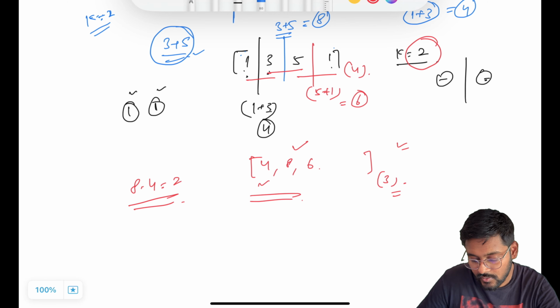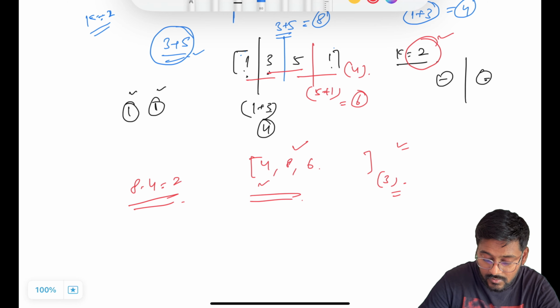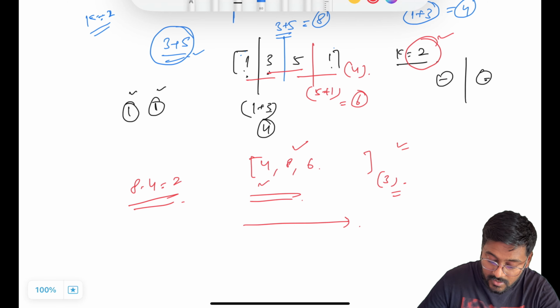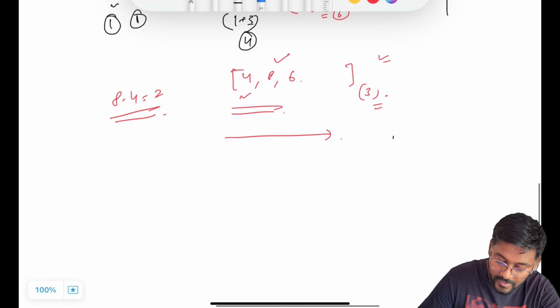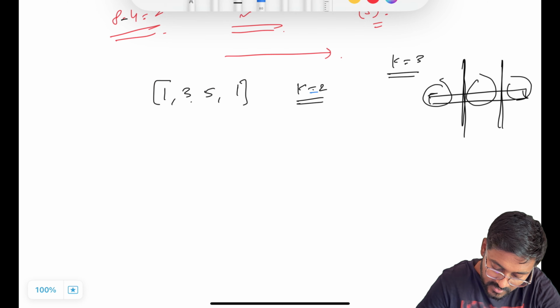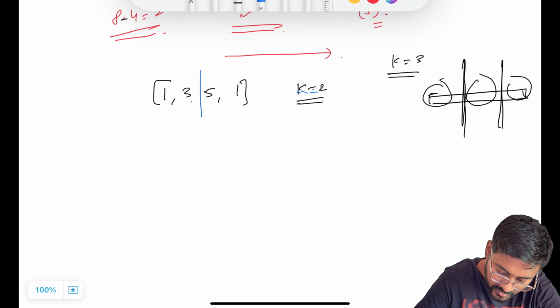And how are we going to use the maximum and minimum one? If k is 2, I would definitely check by doing one iteration. But what will happen if the value of k is equal to 3? In the previous example, when k was equal to 2, I was making only one cut.